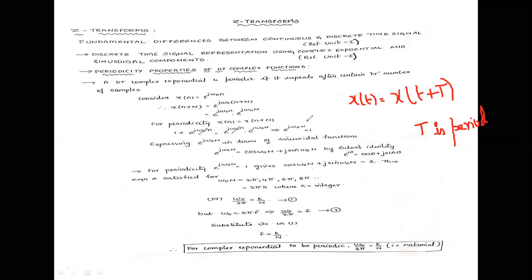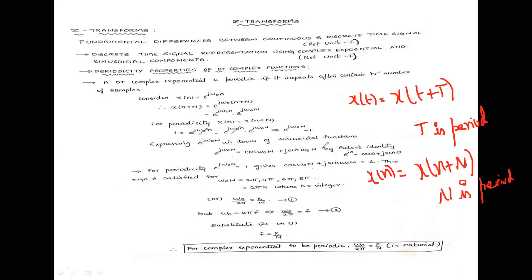Now coming to the discrete time signal, x of n is equal to x of n plus capital N, where capital N is the period.